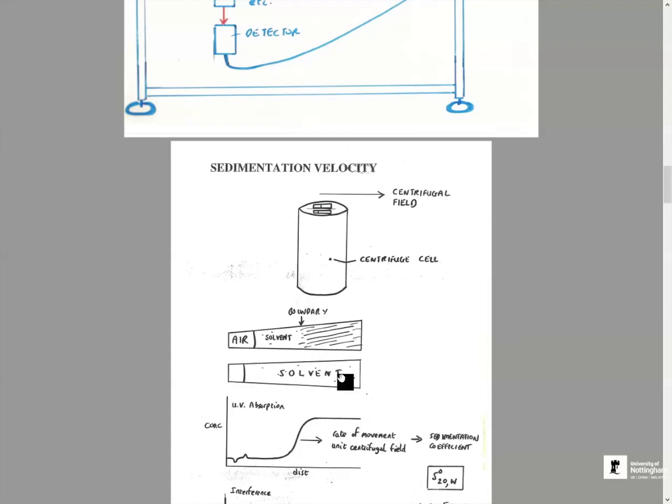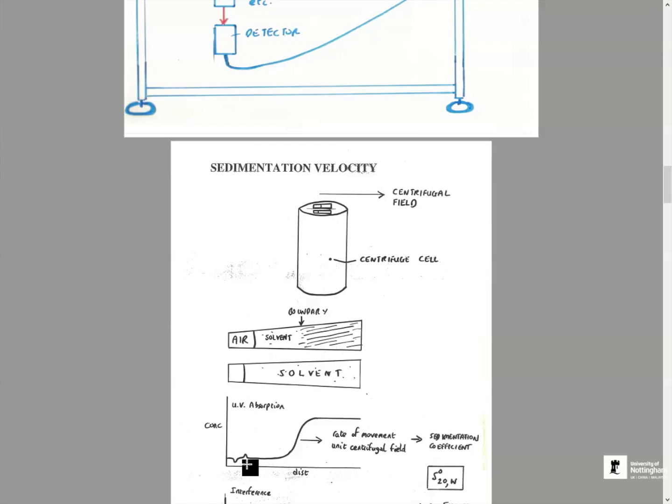So this removes any background absorbance that might be present in the solvent. By subtracting that signal away, you remove those background effects. So this is the meniscus in the solvent cell, which is a negative peak because it's subtracted away. This is the meniscus in the solution cell.